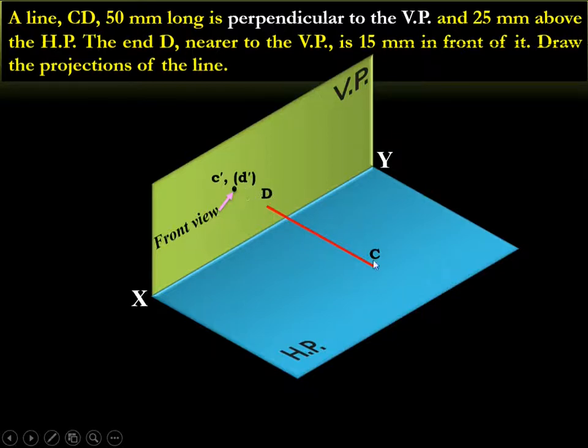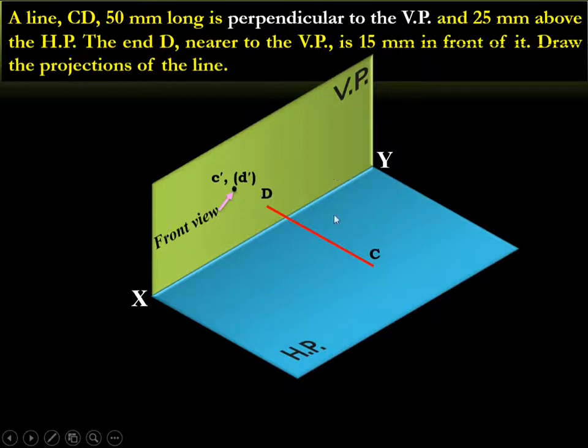So we have to represent the visible end using the corresponding lowercase letter with dash, that is c dash, and the hidden end is represented using the corresponding lowercase letter with dash. Also we have to use the bracket.